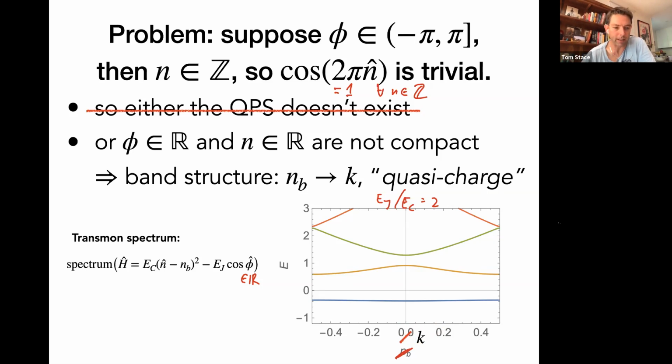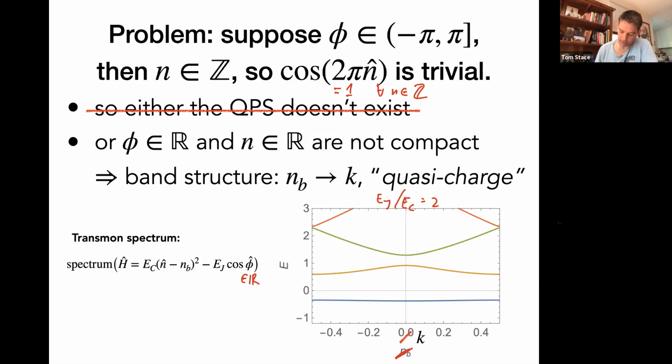So you'll need to think back to your Ashcroft and Mermin to remember that when you have a periodic potential, the eigenstates are characterized by a quasi-momentum. If the coordinate is a position, the dual quantity, the momentum, becomes a quantum number called a quasi-charge.